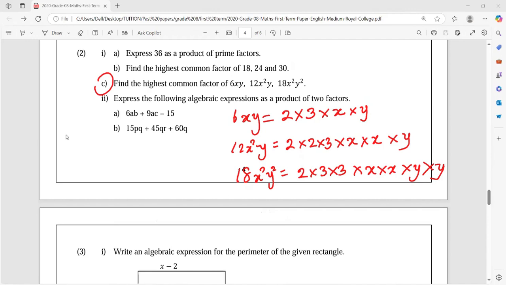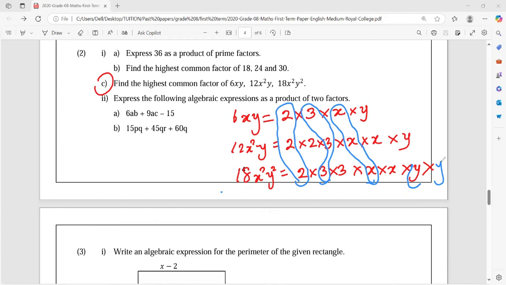And then you couple the common prime factors, common factors, right? This is 2, so you can couple 2, and you can couple this 3, and you can take this x, and you can take this y. See, this is y into y, right? Okay, let me write that again.